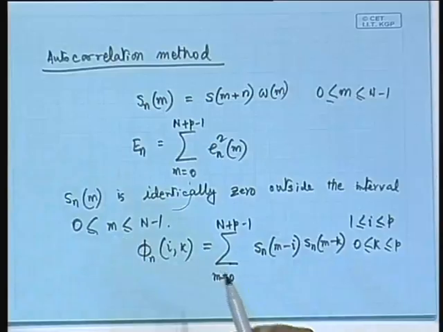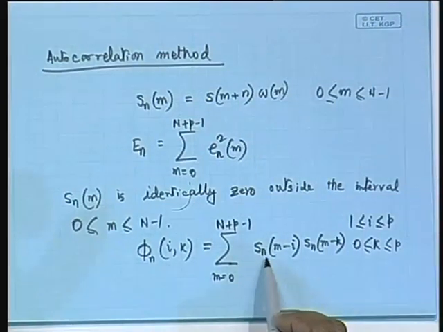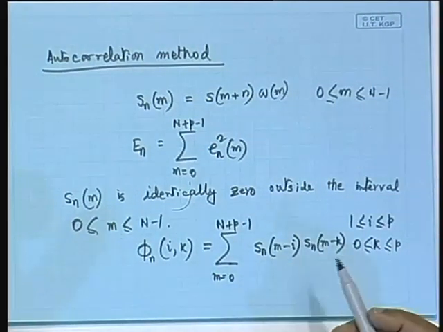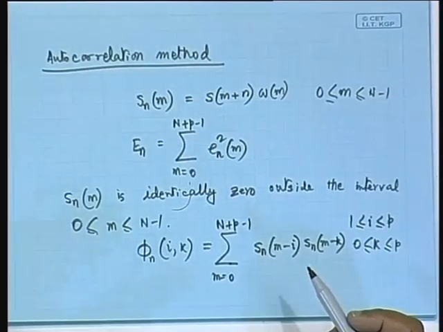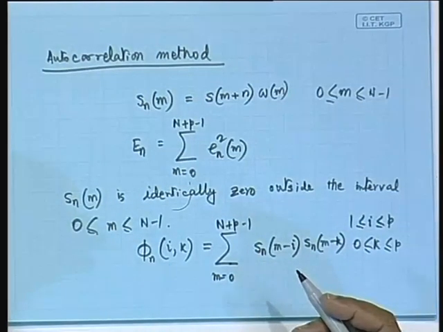So let us write it with a change of variable, so that we want to write it with Sn(m) multiplied by something. So what we have to do is make just a substitution like this.